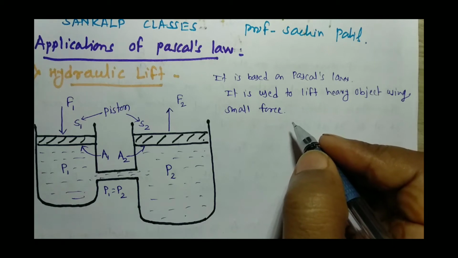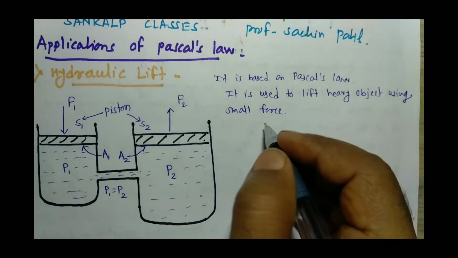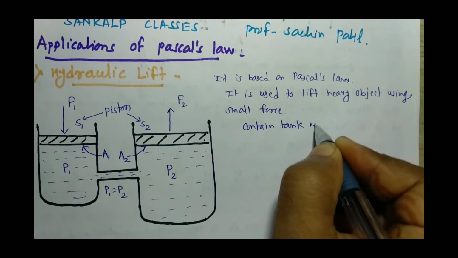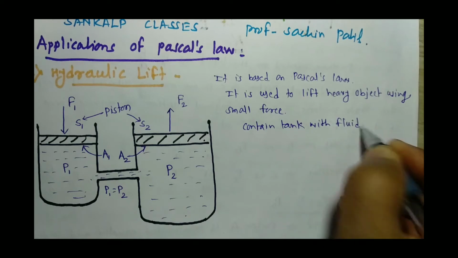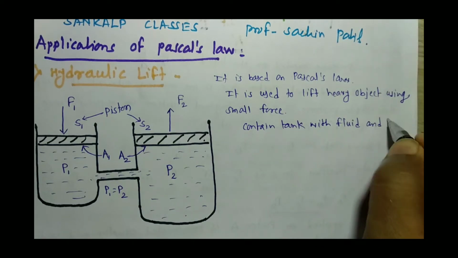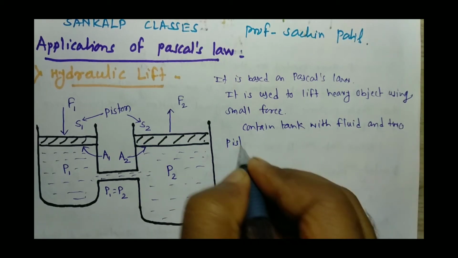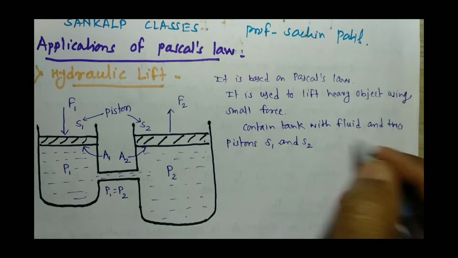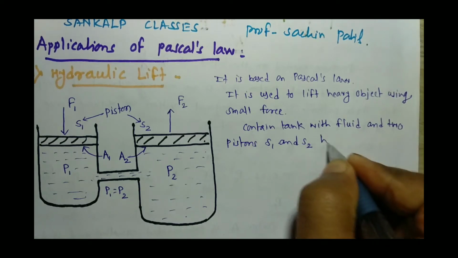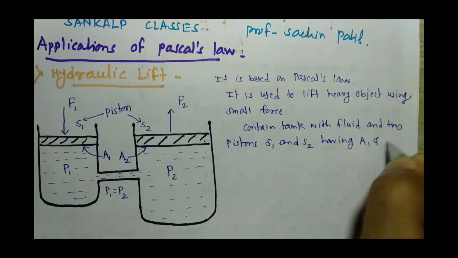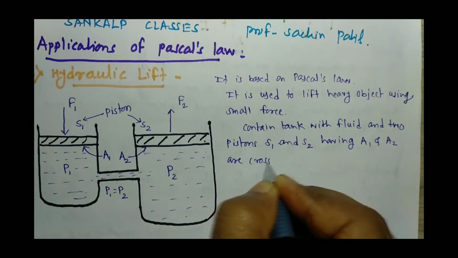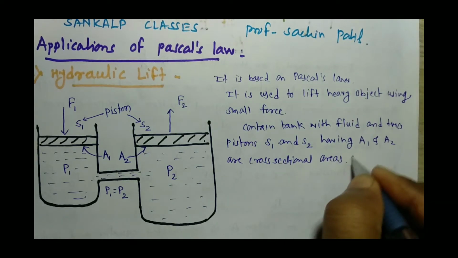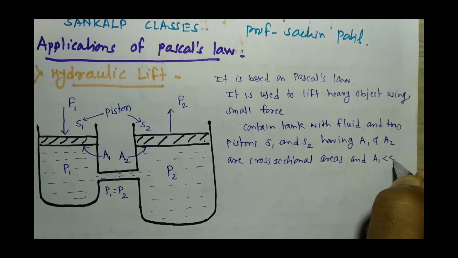Right now we consider that it contains a tank with fluid and two pistons, S1 and S2, having different cross-sectional areas A1 and A2, and A1 is very much less than A2.